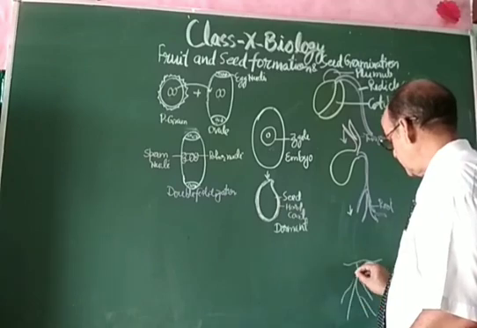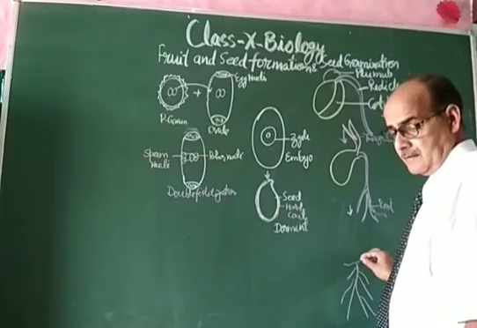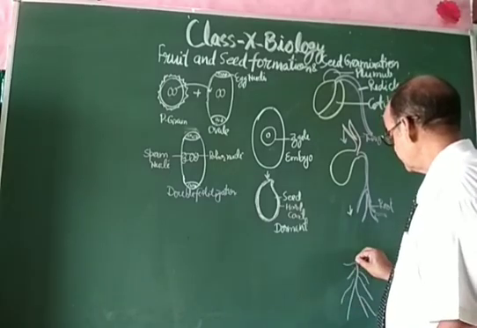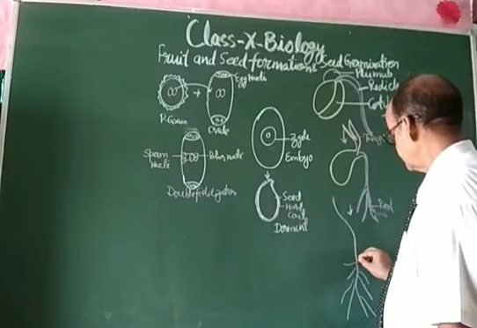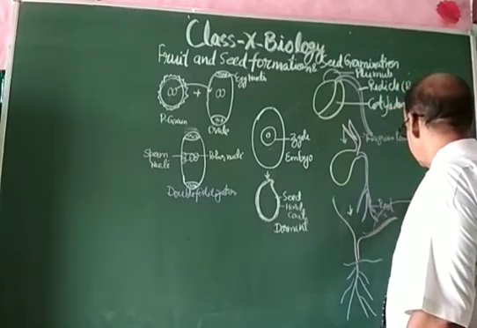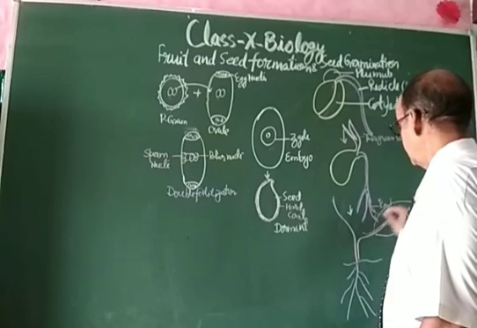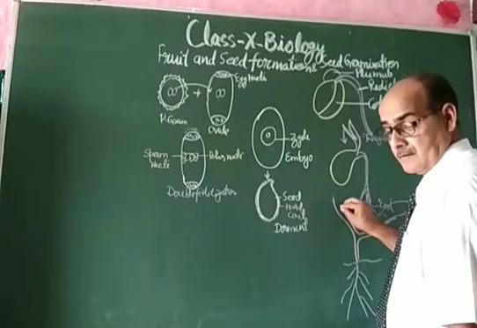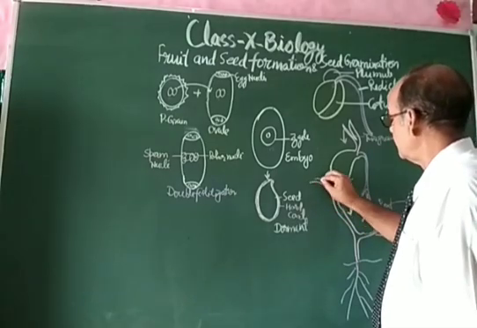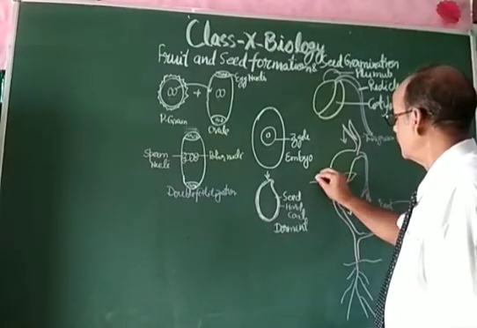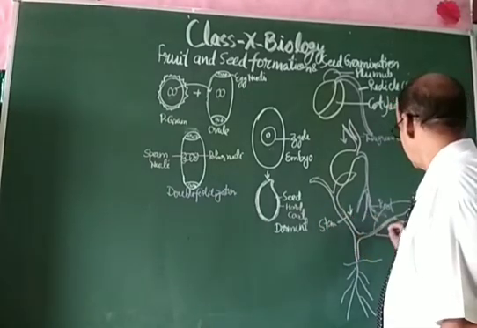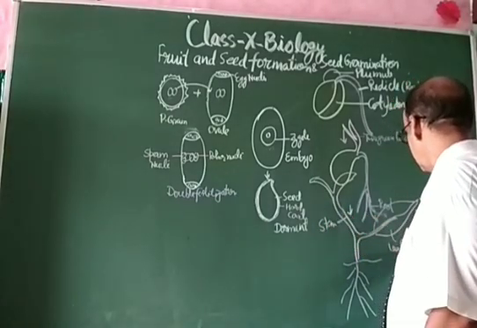These are the roots, and in the shoot this is leaf, and further it grows into so many branches. So this is stem, leaf, and root.